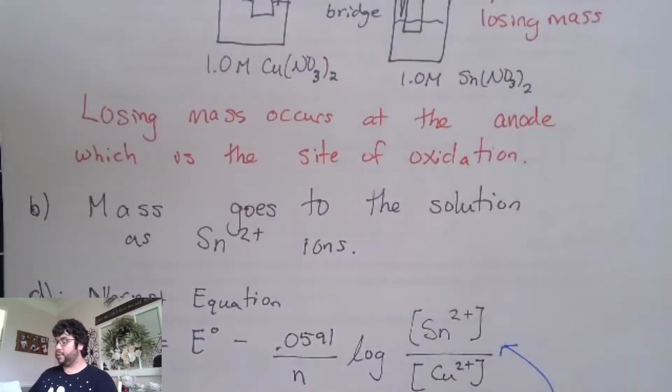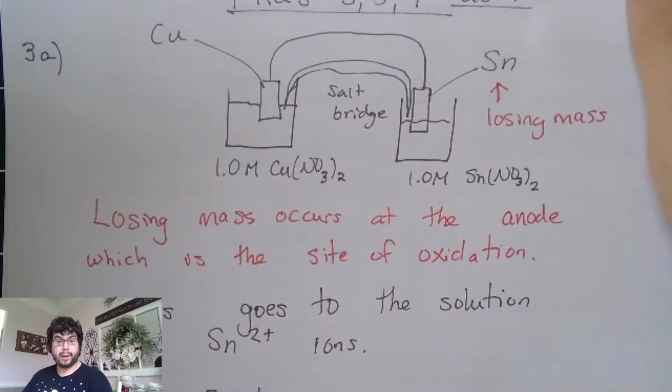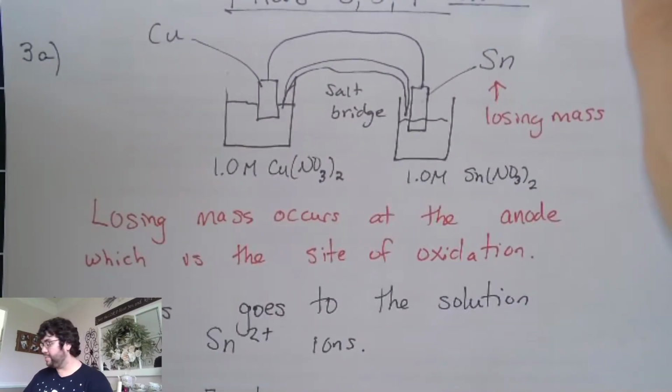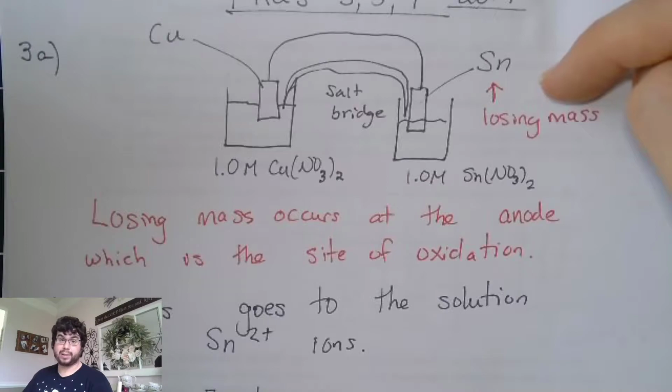So the first thing when you read this is probably to draw on the diagram or make your own diagram like I did quickly. The thing that they tell you is that the tin electrode is losing mass.